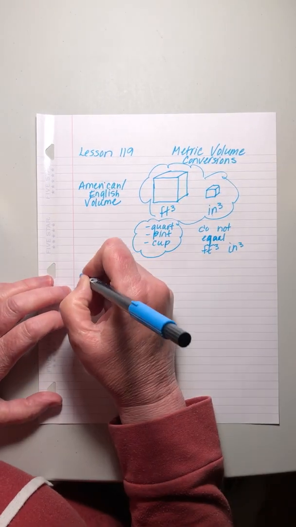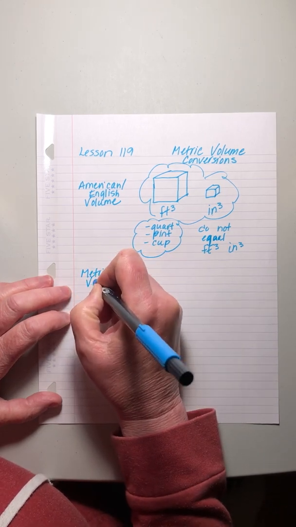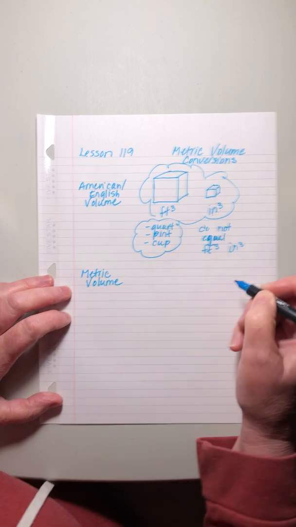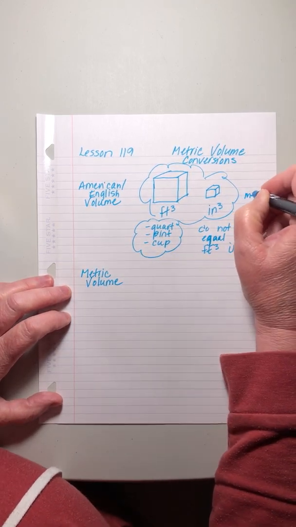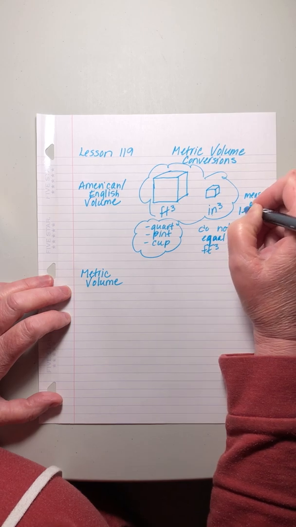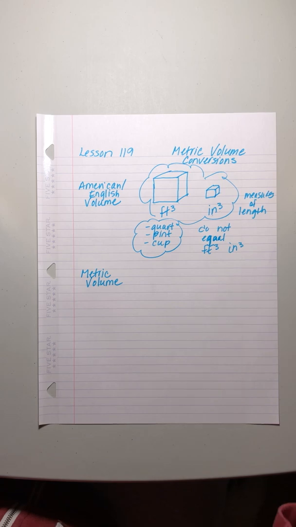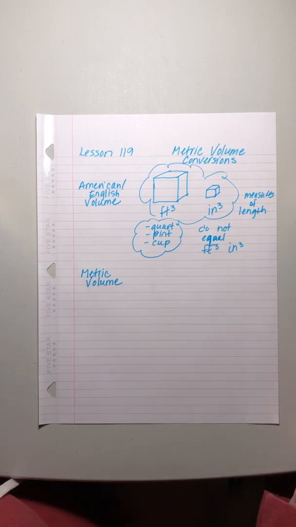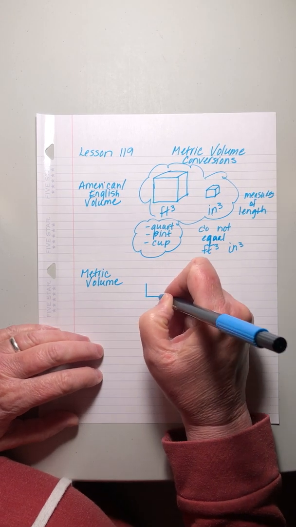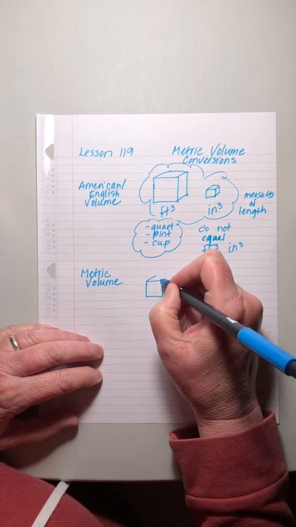But the metric people killed it. They totally killed it. So if you take one of theirs, these are measures of length. Let me just write that down. And you know that a foot or an inch is a measure of length. They take their measures of length. We'll take the one that's in between those two.